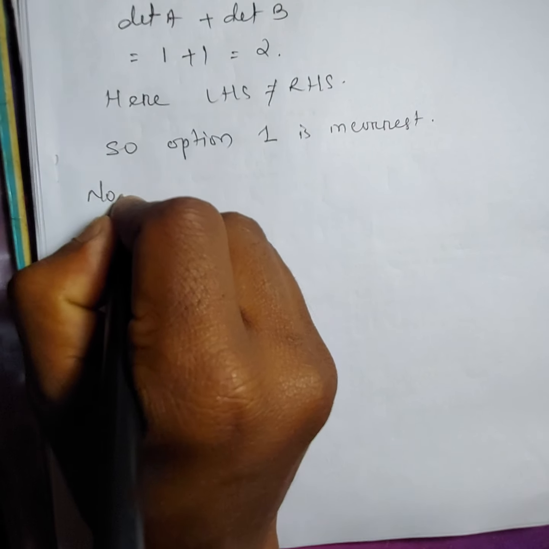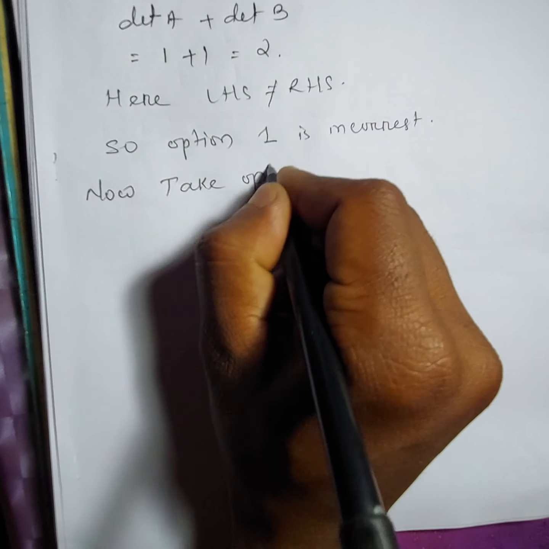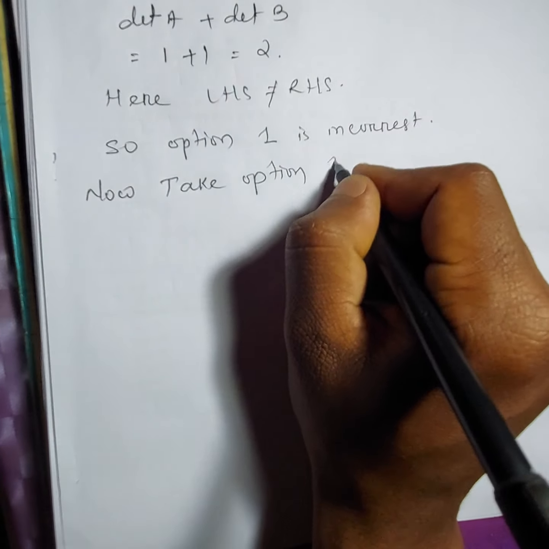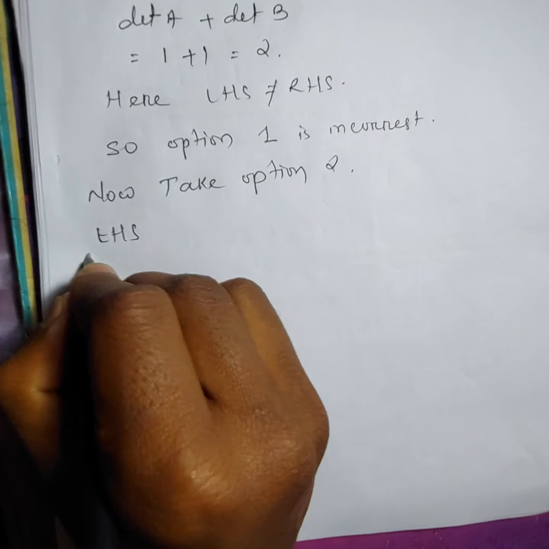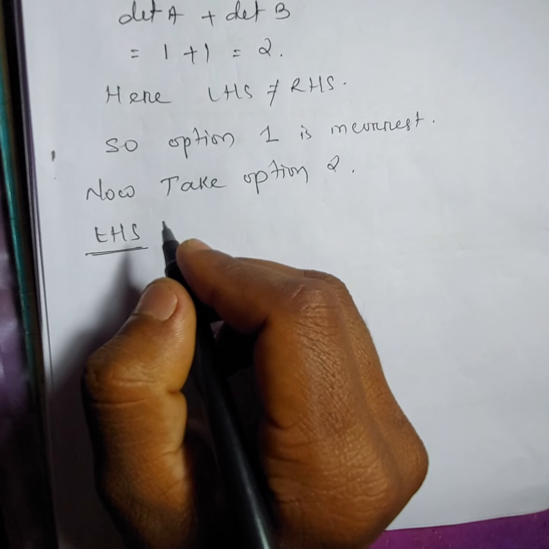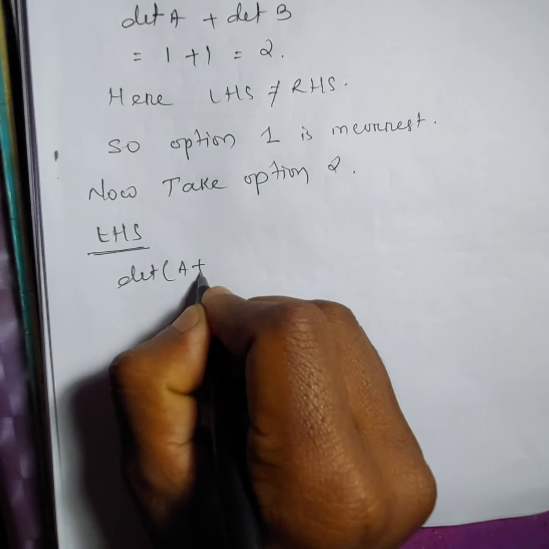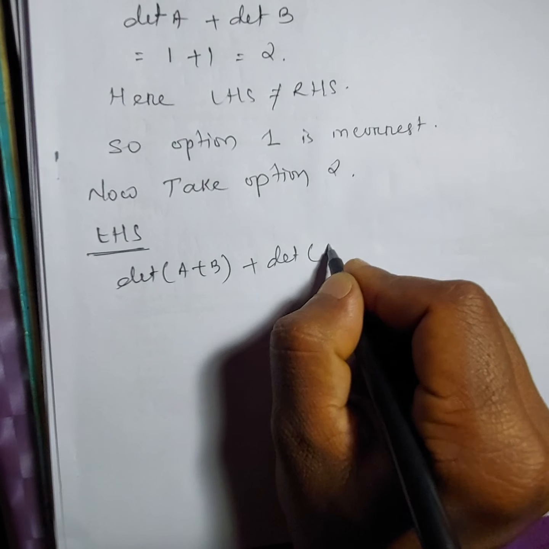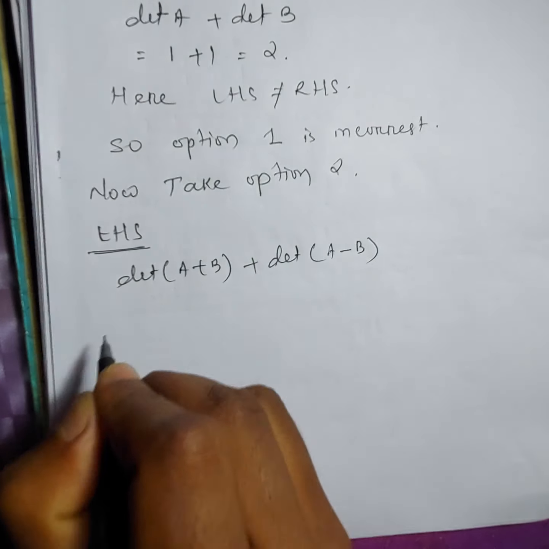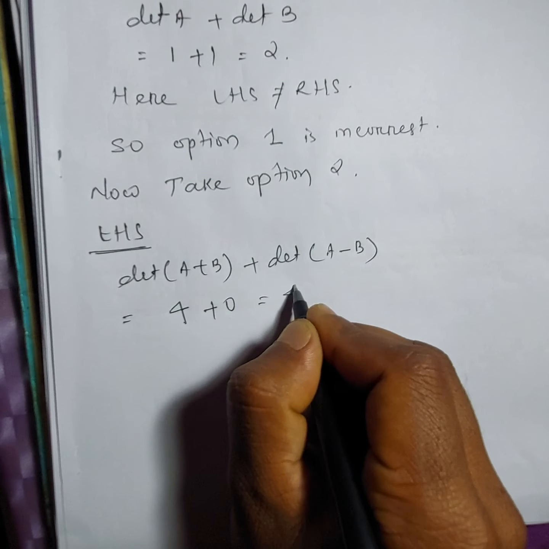Now take option 2. LHS, which is determinant of A plus B plus determinant of A minus B, this is equal to 4 plus 0 is equal to 4.